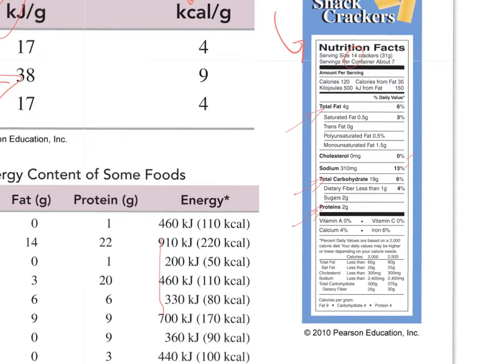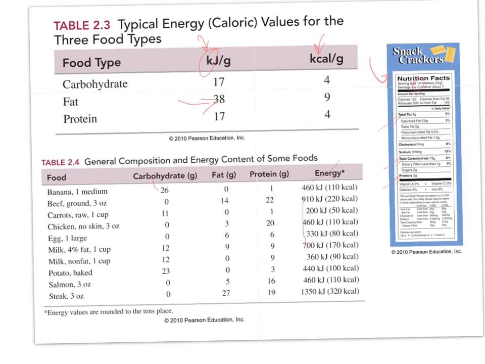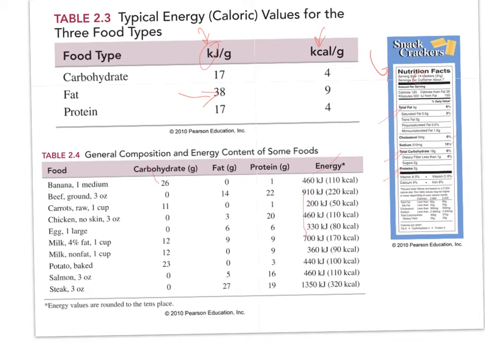Okay, so fat, carbs, and protein contribute to the calories we would take in when eating these crackers. You can see from my table here, sorry, it's already marked up, the calories per gram of food, depending on the food type, carb, fat, or protein.